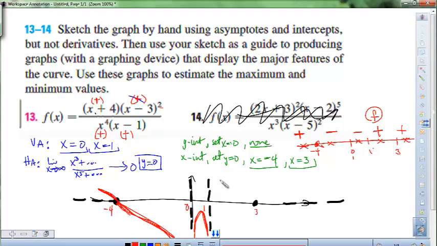After 1, it'll be positive, and so it'll probably look something like this. It's going to hit this 3 and then bounce back up because it'll continue to be positive. Now the asymptotes say that this is going to have to come back down, and so will this.